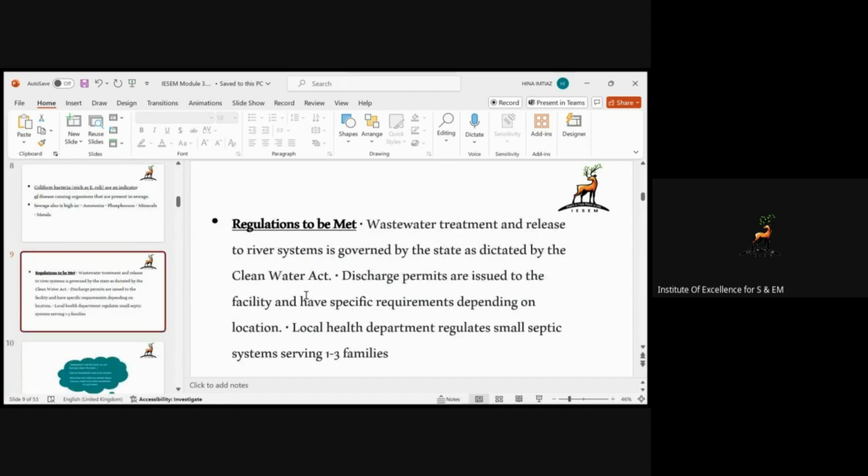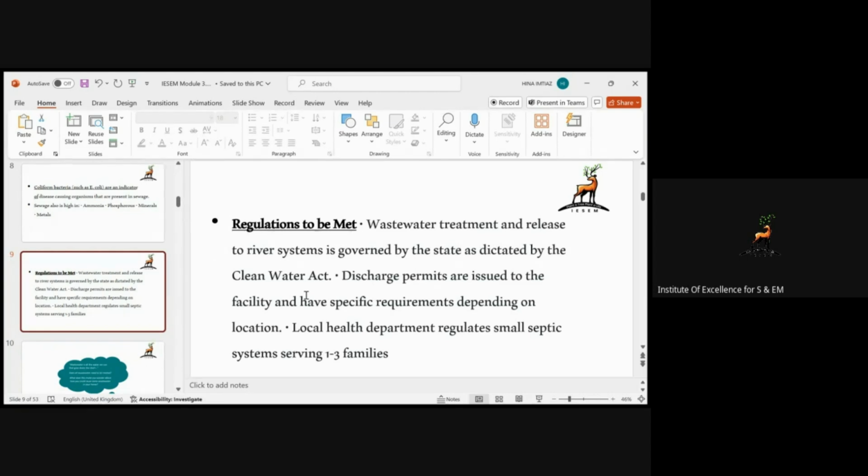So again, when you are going to treat the wastewater, you must have a very clear idea about certain permissible limits, certain rules and regulations which must be met. For instance, the wastewater treatment release to the river system is governed by the state as dictated by the Clean Water Act.